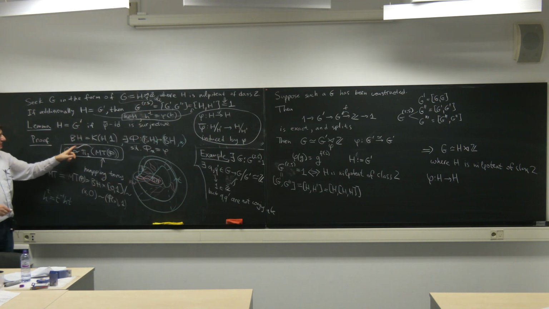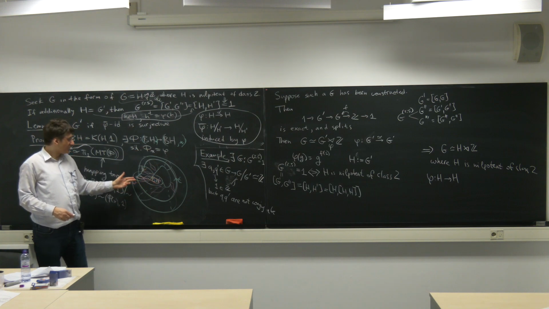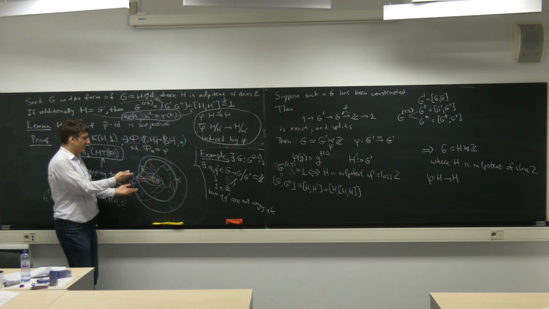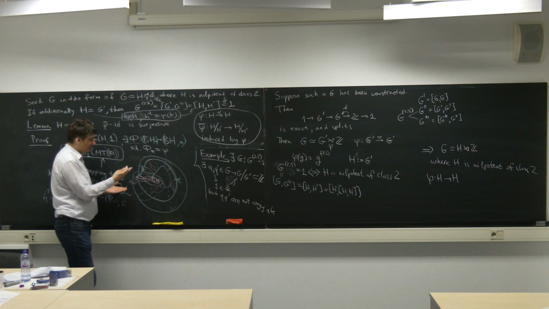So we constructed a homomorphism, and it's more or less clear that it is surjective, because if you have any loop in this mapping torus, you can squeeze some parts of it into BH, and then what remains can be squeezed onto T.